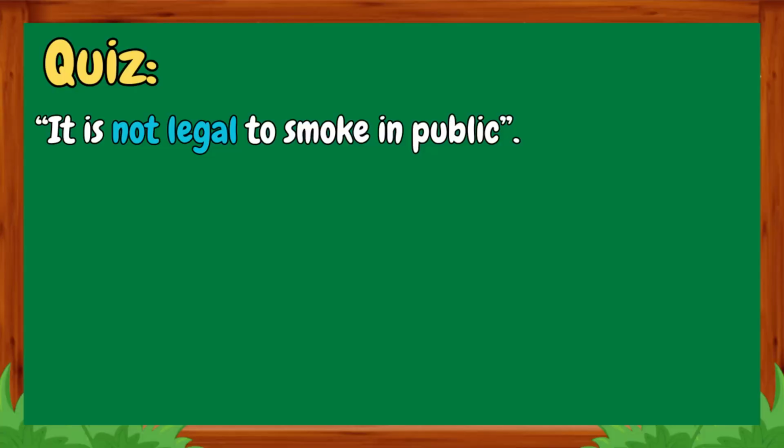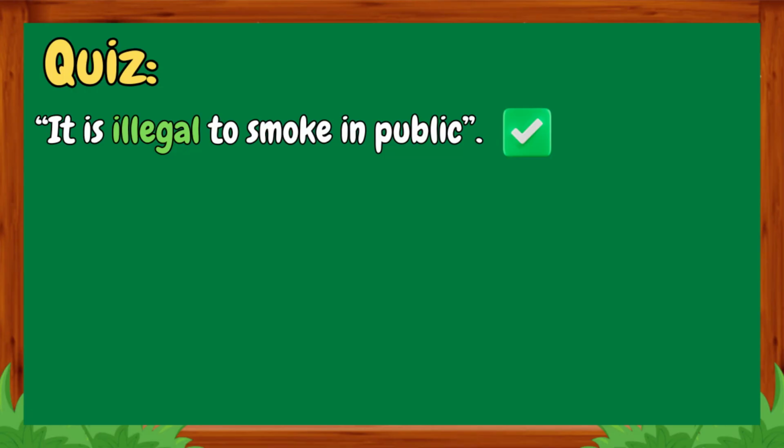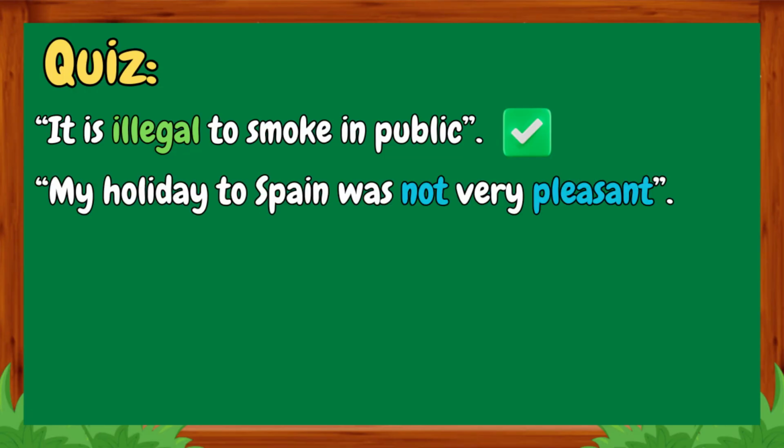But before we wrap up today's lesson, let's do a quick quiz and see how much we remembered. It is not legal to smoke in public. If we change that, remember, when the word starts with an L, we start with "ill". So it is illegal to smoke in public. My holiday to Spain was not very pleasant.